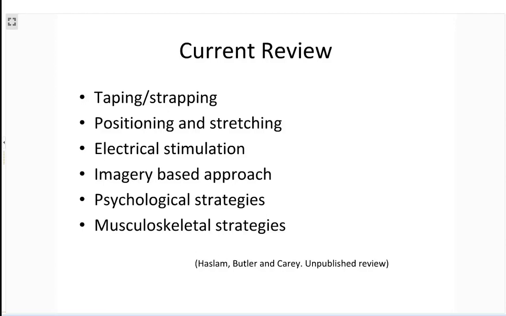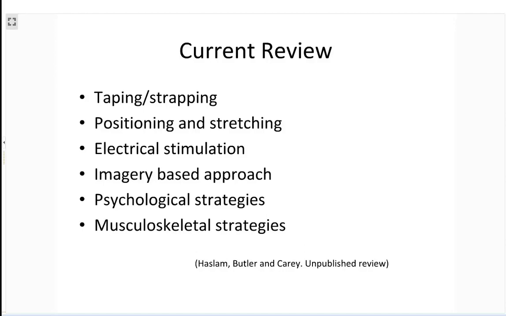So the current review that we're doing at the moment has looked at the evidence with regards to taping and strapping, positioning, electrical stimulation, use of imagery and psychological and musculoskeletal strategies. Really very, very little evidence. There is, as we've mentioned, evidence that taping or strapping may help in reducing people going on to develop shoulder pain.